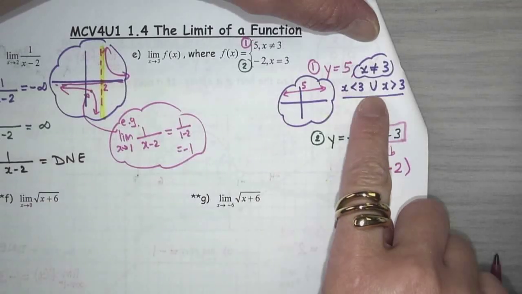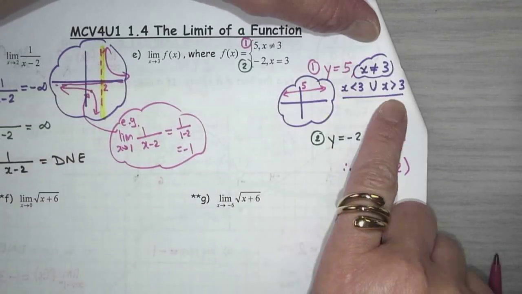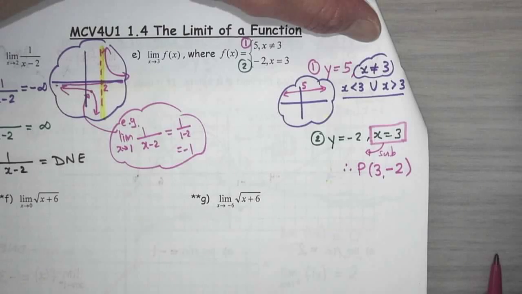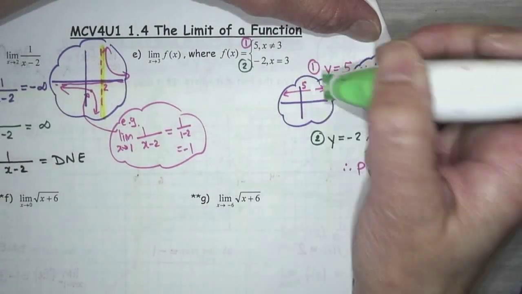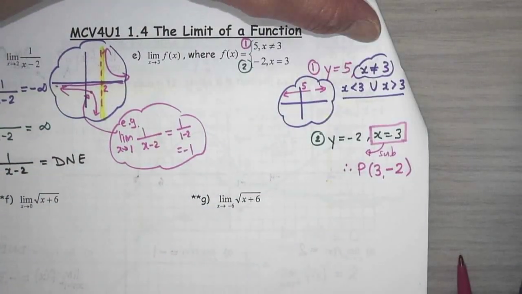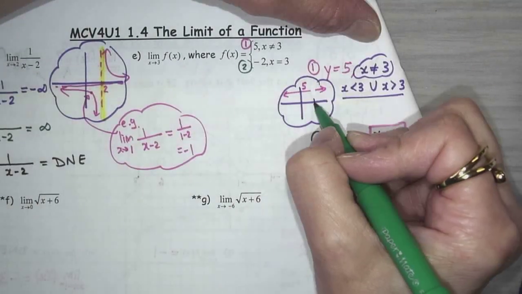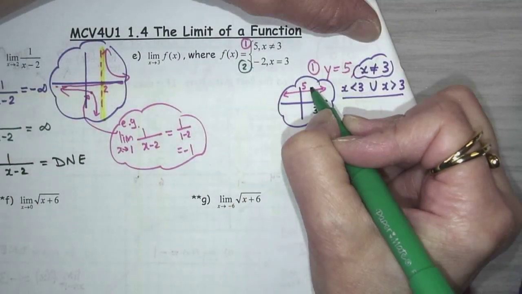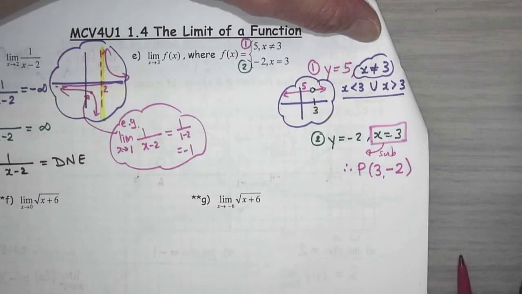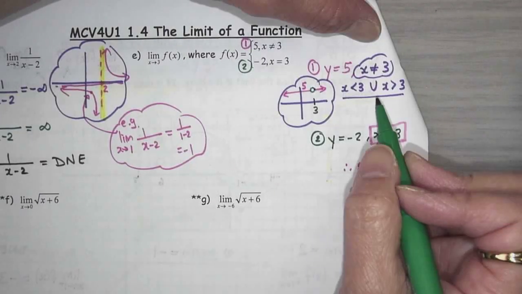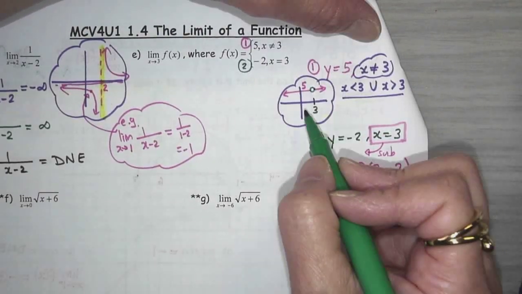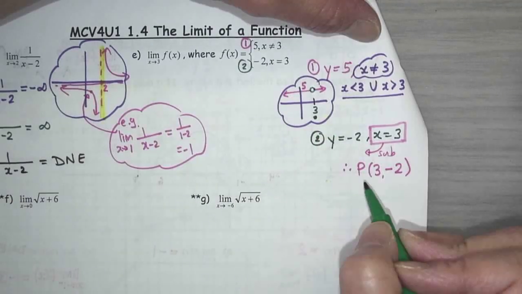But that is for when x is less than 3 or greater than 3, not equal to 3. So then I take my paper, I cut a little hole and say not there. Where is there? That's at 3. So I cut a hole here in my line. All right? And then that hole is this point. So it's at (3, -2). So then I put the point right here.